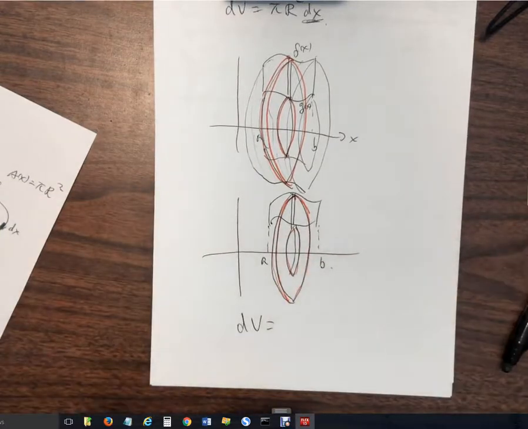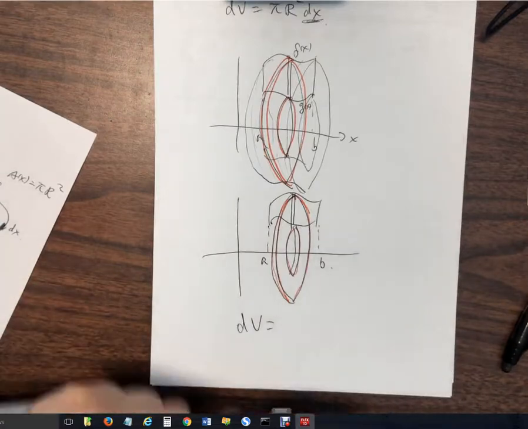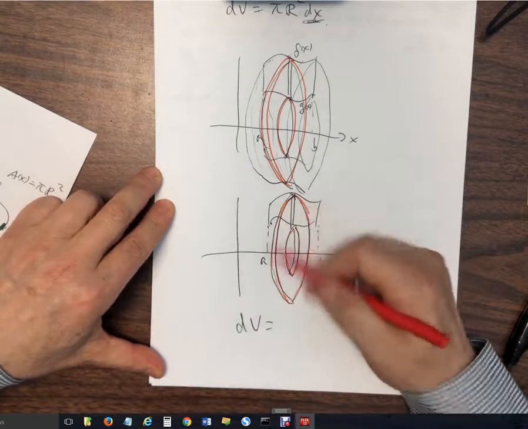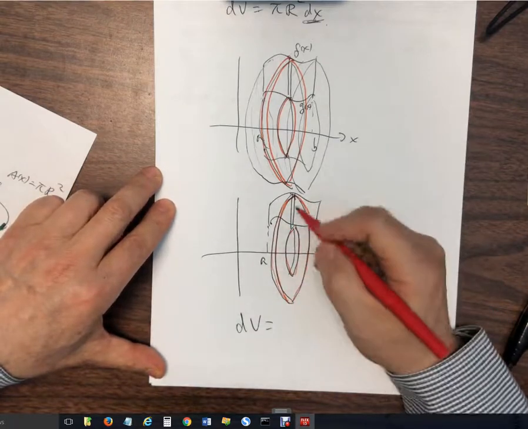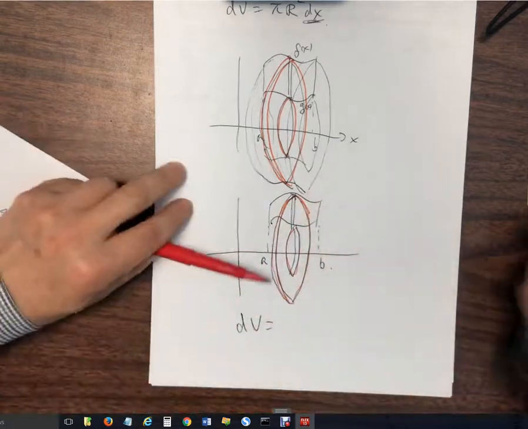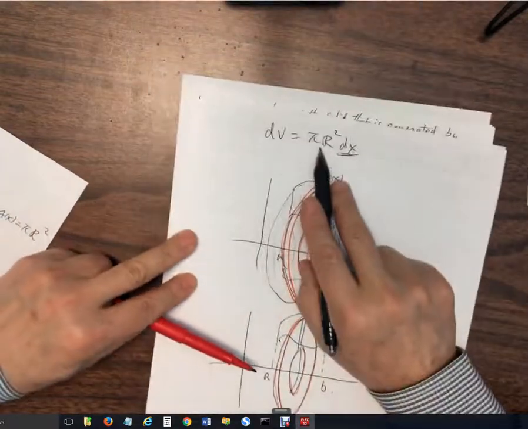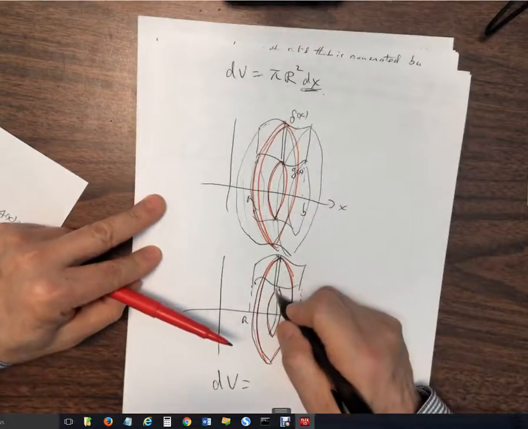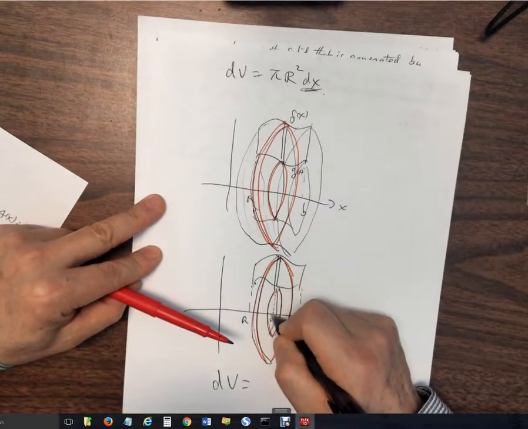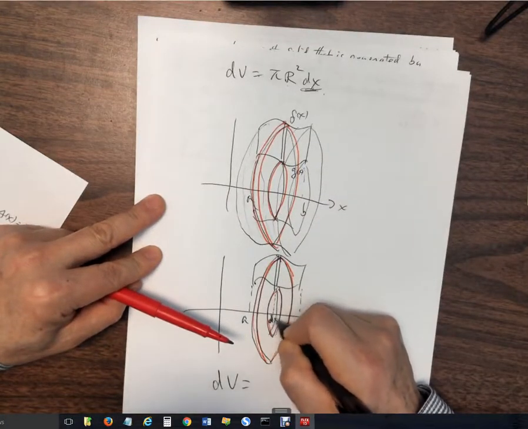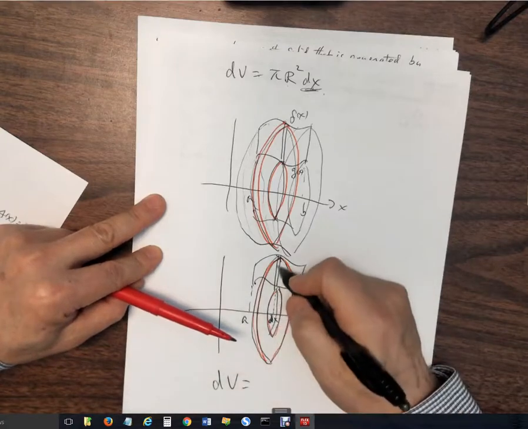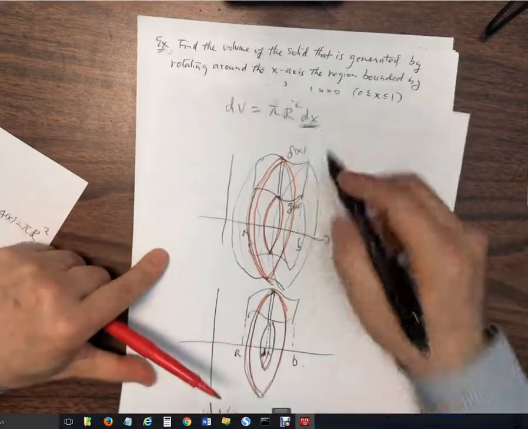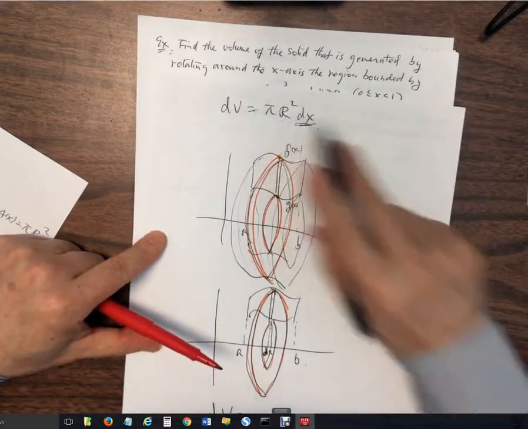Now, the question is, what's the volume of the larger disk? Well, we had our disk formula right here. It's pi r squared dx. By the way, it's dx. We still need to determine the variable to use or thickness of the slice. In this case, extend that. You have dx, right? So the key is to find the radius.